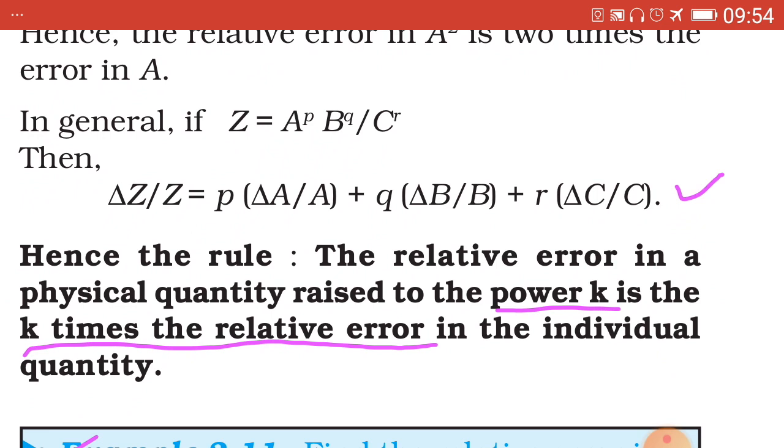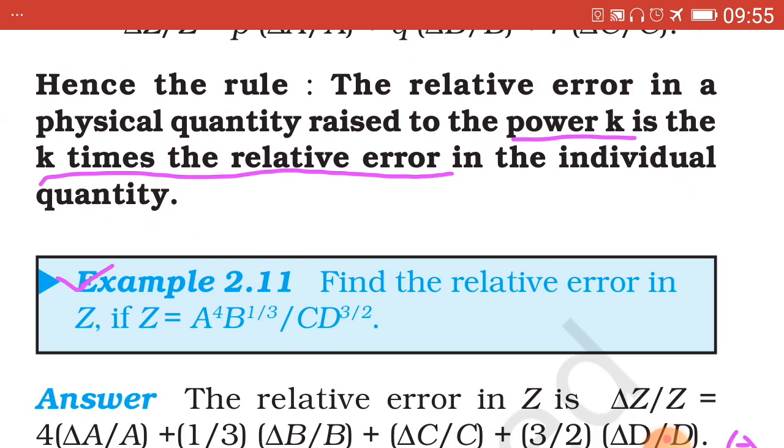Hence the rule is that the relative error in physical quantity raised to power k is k times the relative error. So power k becomes k times the relative error in the individual quantity.